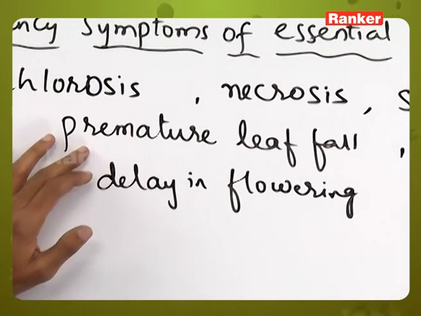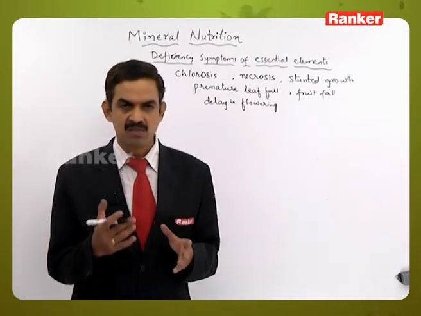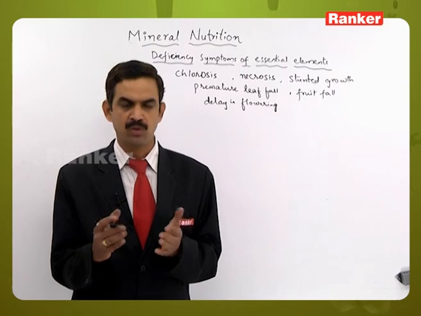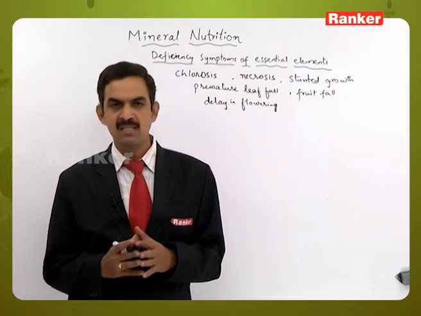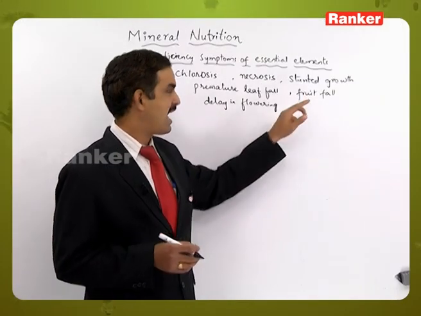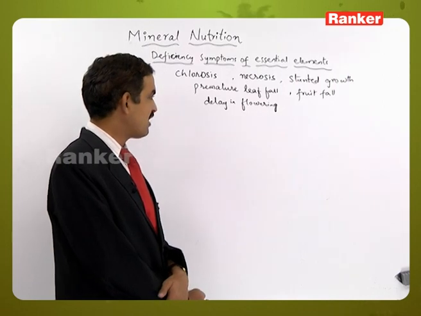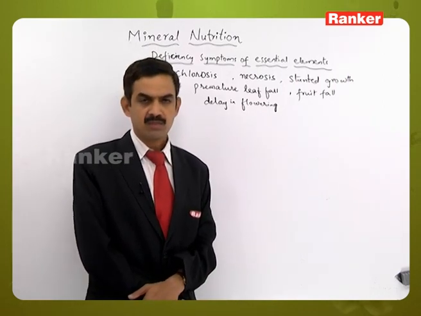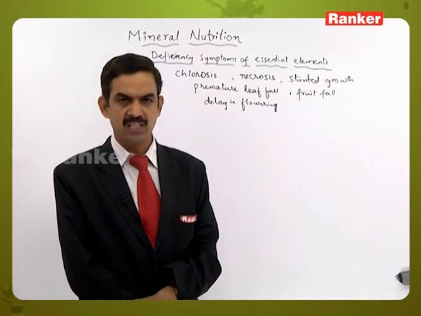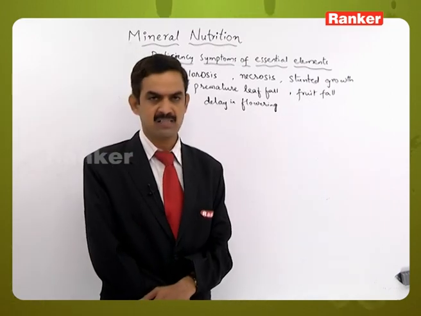Then premature leaf fall, that is actually the leaves will fall, that is senescence of the leaf will take place when they become matured, but before reaching the maturity some leaves will fall off, that is also because of the deficiency, and some fruits will also fall off before the maturity. Then delaying of flowering, so the time period which is required for flowering, the duration of time, so if it is delayed, that is also one of the deficiency symptoms.